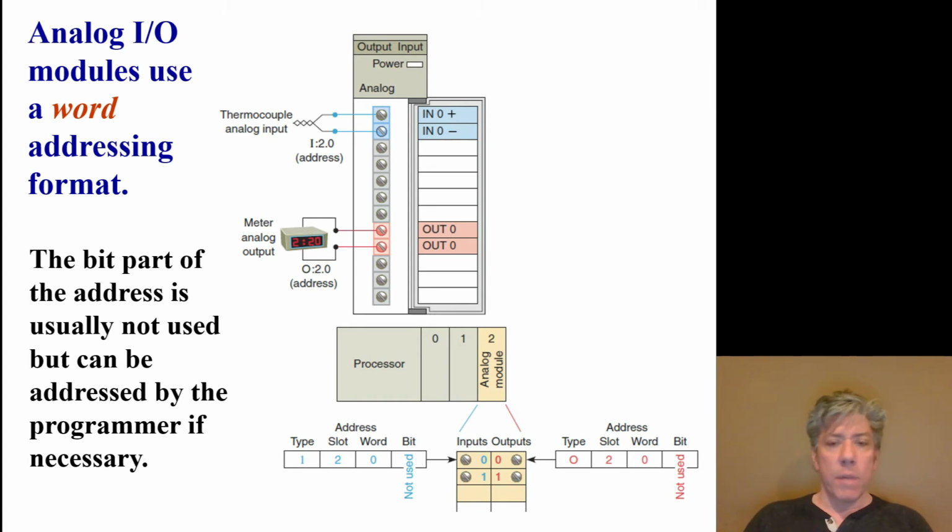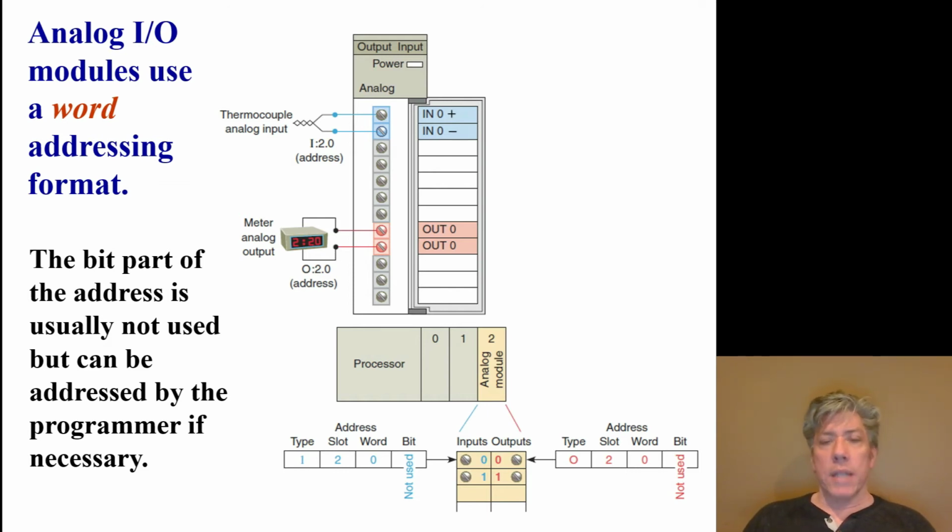Now, in some you can't. In the Click PLCs, I have not figured out how to. I could take a whole word of memory and figure out whether a particular bit is on or off by using bitwise ANDing and ORing, but I haven't found a way to address a particular bit of a particular word, whereas you can do those things in Allen-Bradley's programming language.